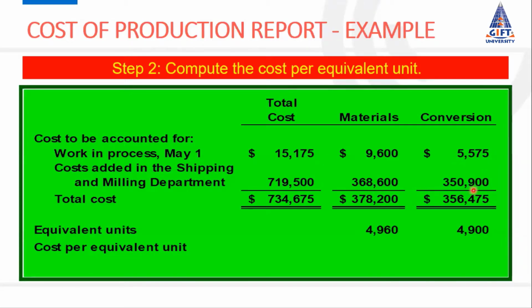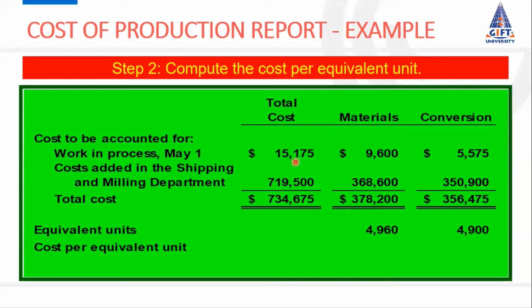Here we have added this period's cost, and the total cost is 7,19,500. The total of both costs is 9,600 plus 3,68,600, that is 3,78,200, and 5,575 plus 3,50,900, that is 3,56,475. So this is total conversion cost, this is total materials cost, and this is the grand total of these costs.